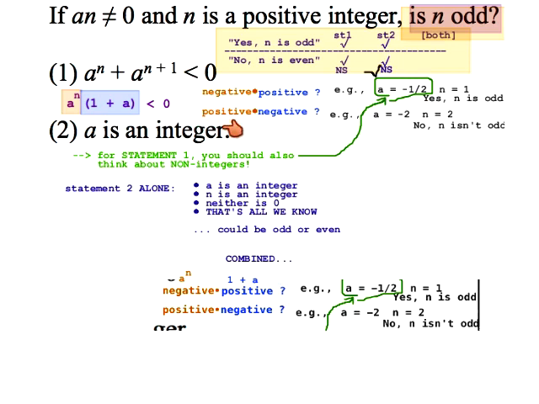And so if A has to be an integer, then that case is ruled out. This isn't going to be possible anymore.